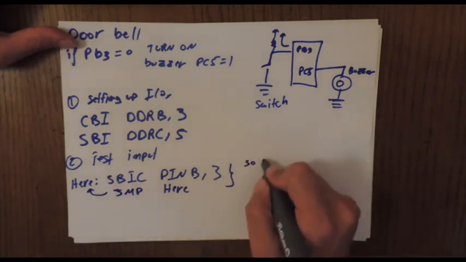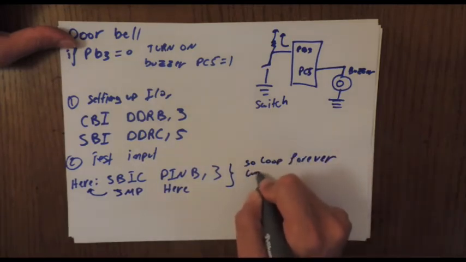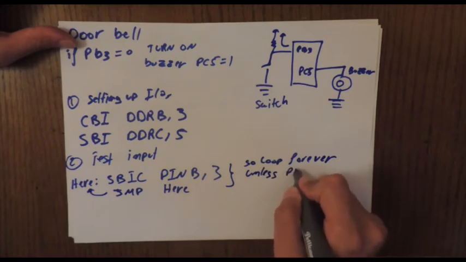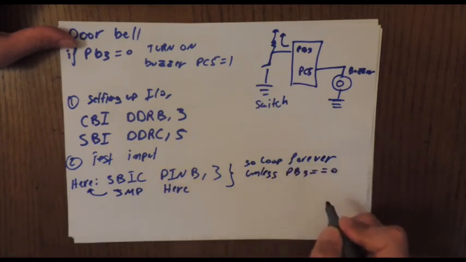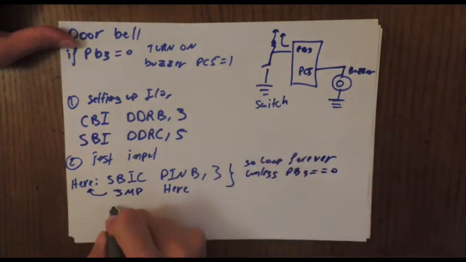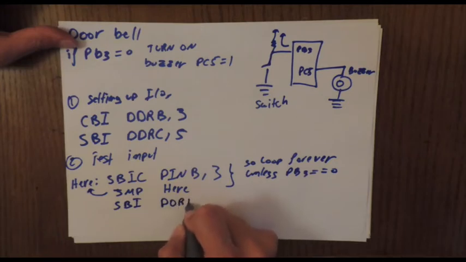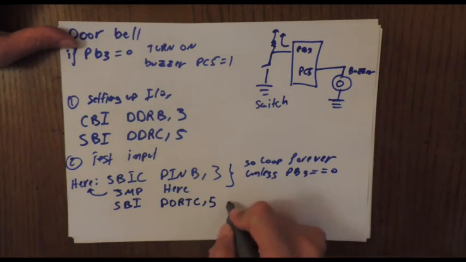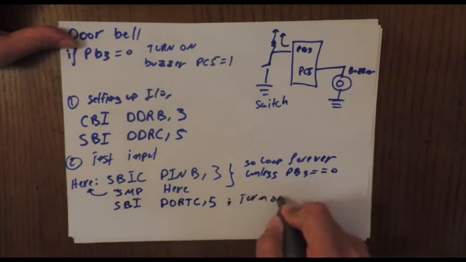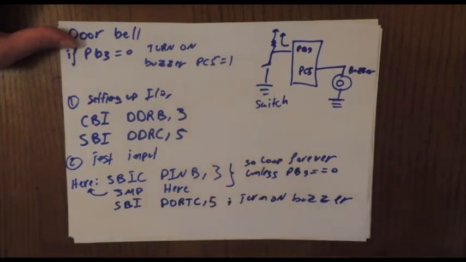So loop forever unless PB3 equals 0. So keep on going. Once somebody closes the switch, I'm off the loop, and here I can say, okay, I'm gonna set, in this case, port C, comma 5. I'm gonna turn on the buzzer. This is turn on buzzer in this step, and I'm gonna exit.